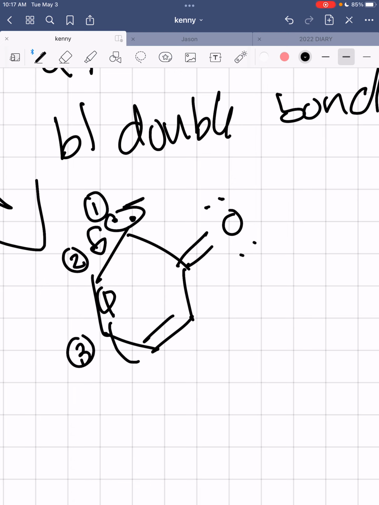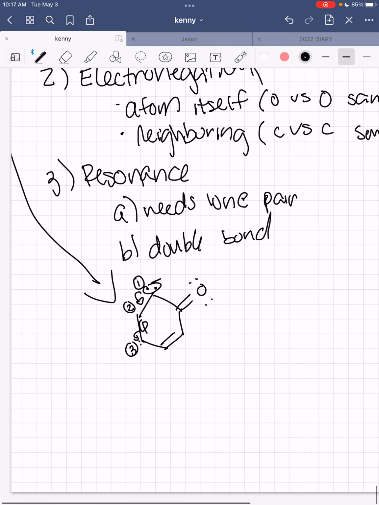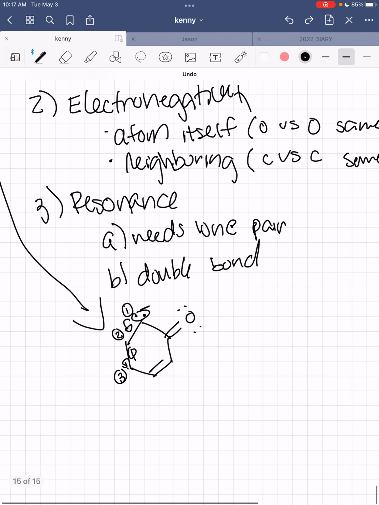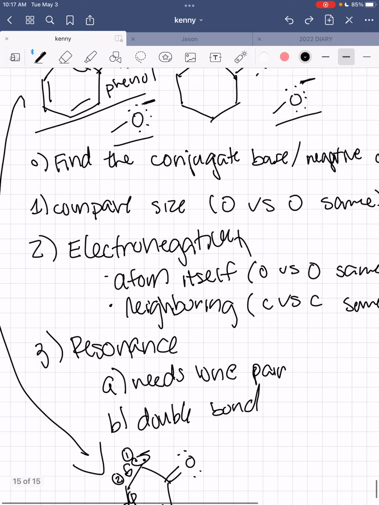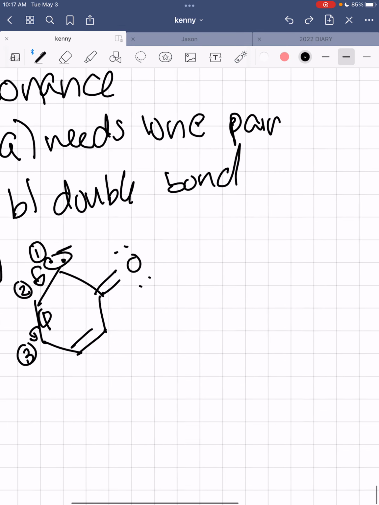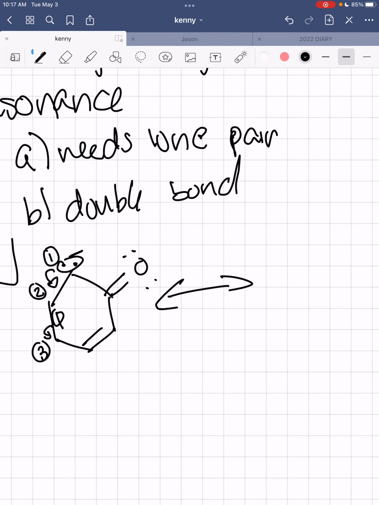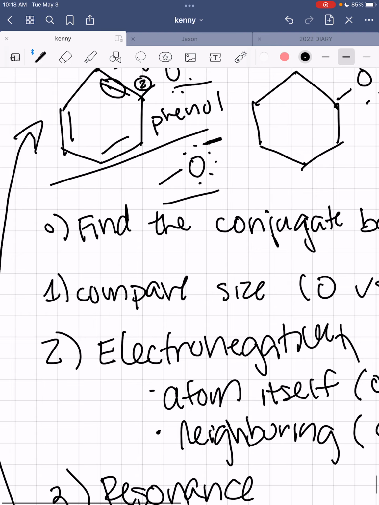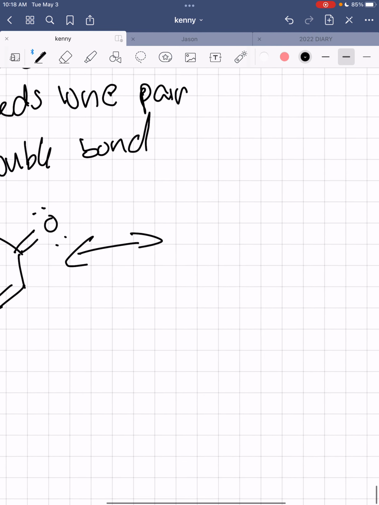This becomes a lone pair on this one. Let me erase this so it's not confusing when I look back on it. Let me check if I'm doing it right. Yeah. This should also be a double arrow because they're both resonance structures of each other.